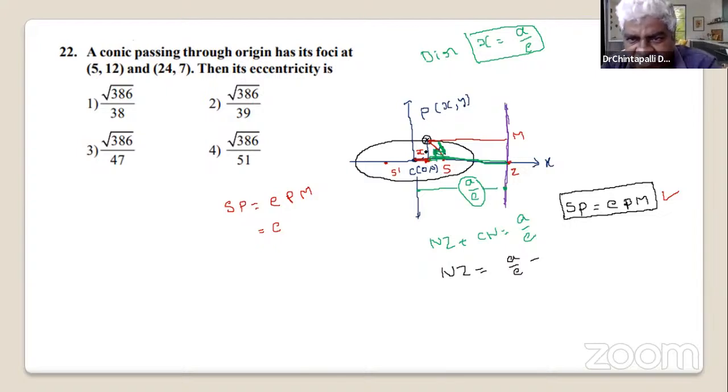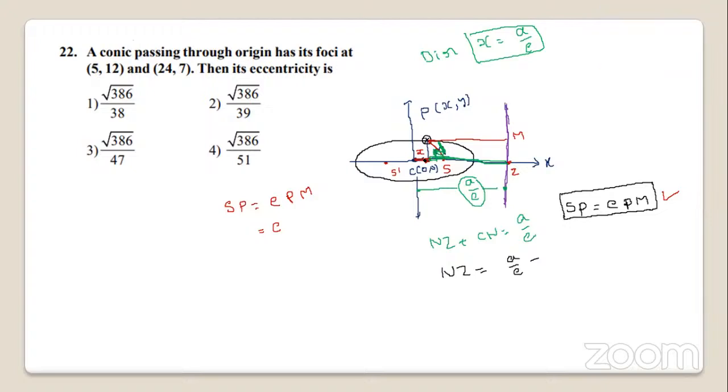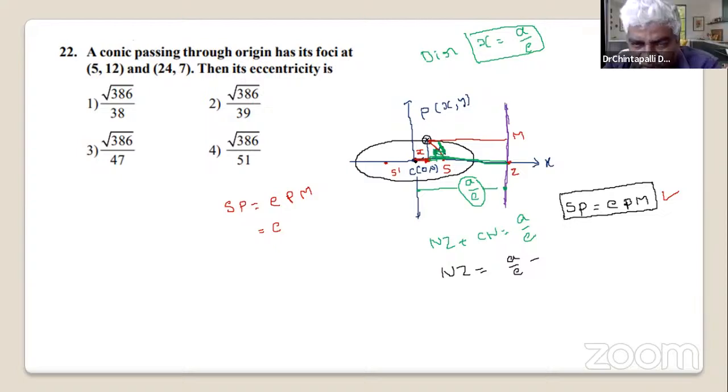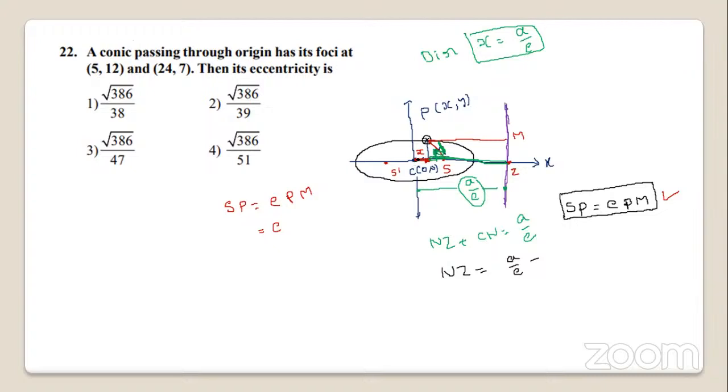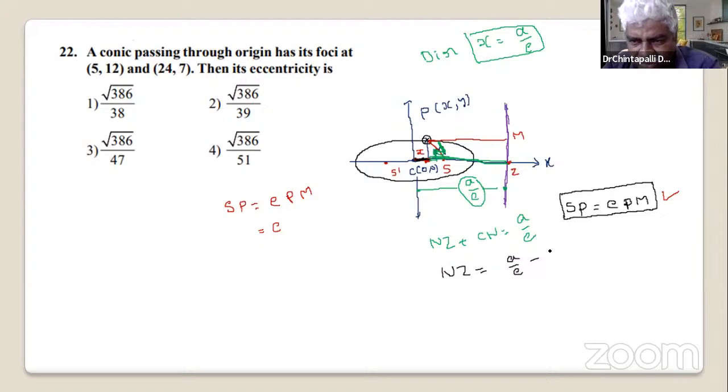C is the center, N is the foot of the perpendicular from the point X comma Y. So CN is X, and NZ is equal to A by E minus X, right? That is not the solution of the question.